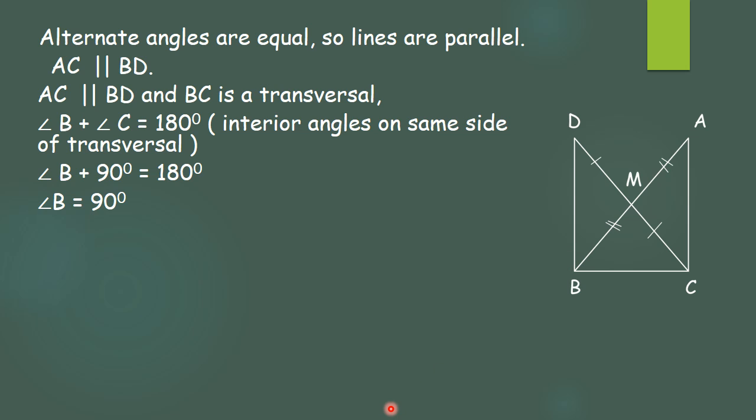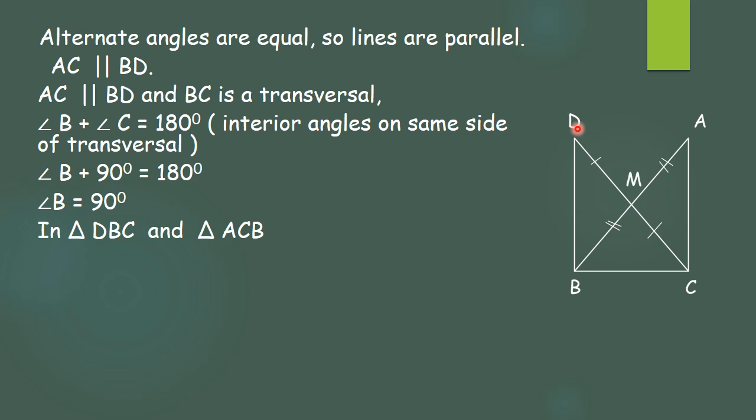We still have to prove two more results. First we proved that triangles AMC and BMD are congruent. Now we have proved the second part, that angle DBC is a right angle. Now we'll prove the other triangles. The third is to prove that triangles DBC and ACB are congruent.